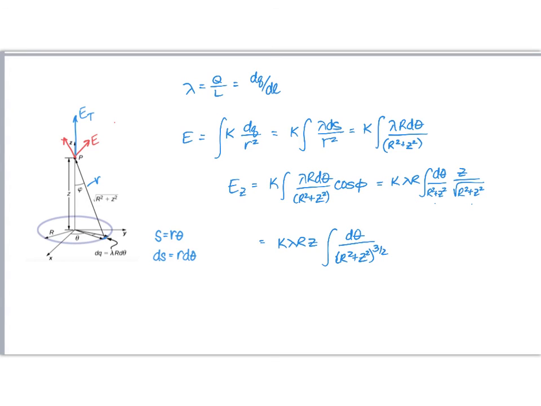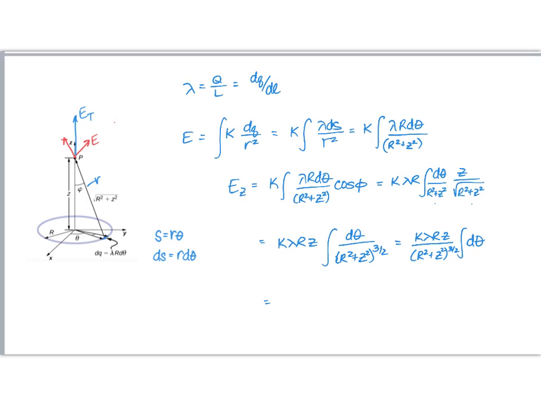The thing that's kind of funny about this one is that the only thing that is actually a variable in this expression, which you might not have expected, is the theta. Because z is actually a constant, and of course the radius of the circle is constant.